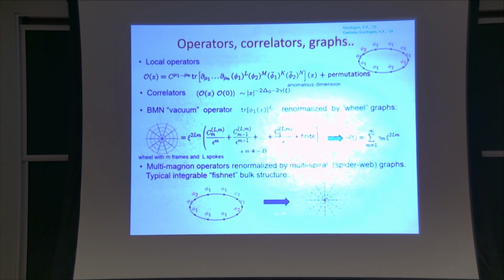Then if you introduce magnons, wheels become spirals, even multi-spirals. Phi2s create lines which are winding around. If there are 2, there are double spirals, etc. And this is another set of graphs which is not yet well studied, although there are some results.